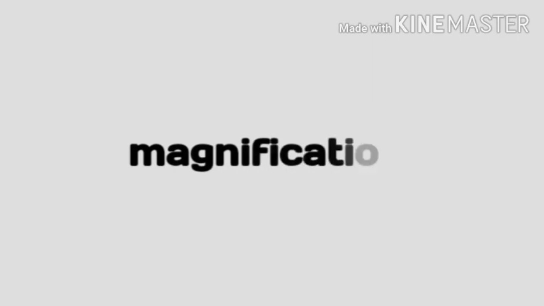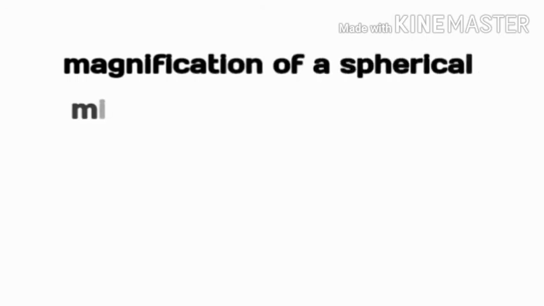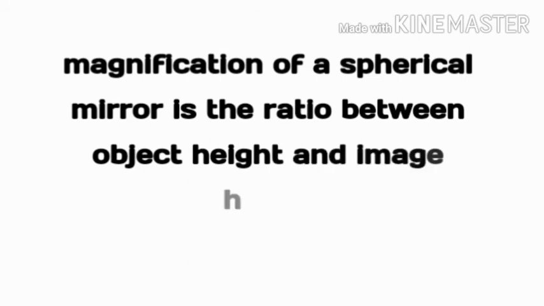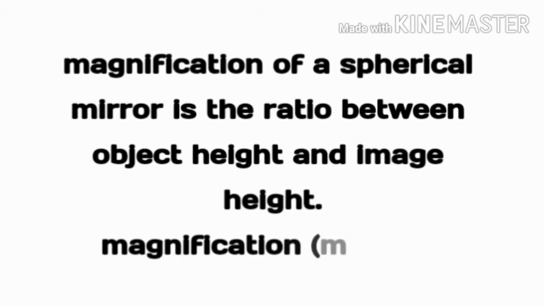Next, we are considering the magnification of a spherical mirror. What is meant by the magnification of a spherical mirror? Magnification is the ratio of image height and object height. Comparing with the object, what change happens to the image?